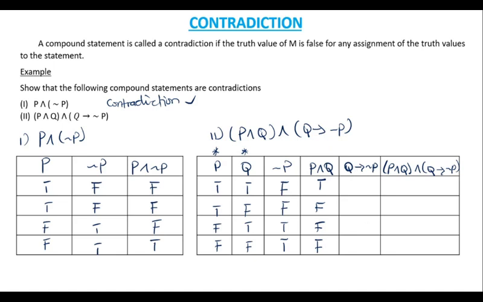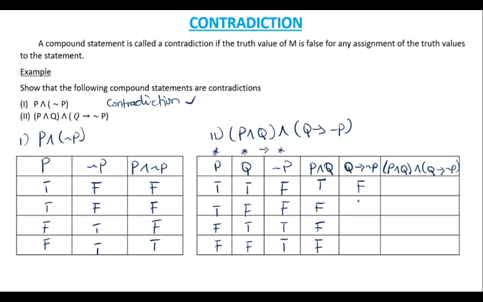All right, Q implies negation of P. So we are using Q now implying the negation of P, what we have over here. True implies false gives us a false statement. Like I said, when the hypothesis is true and the conclusion is false, it is a false statement. Now I have false, false.